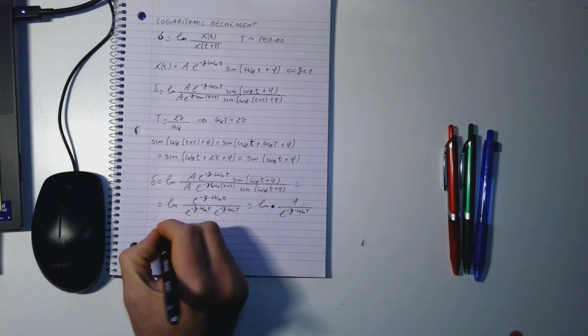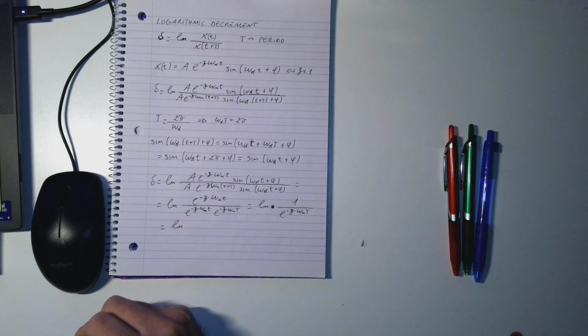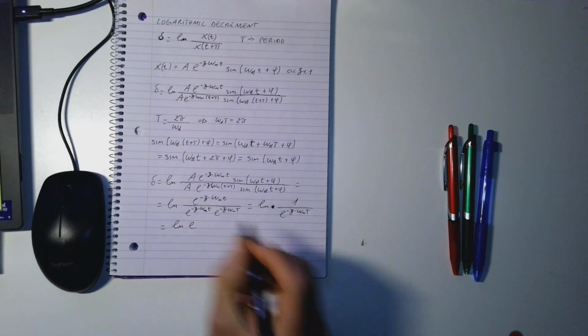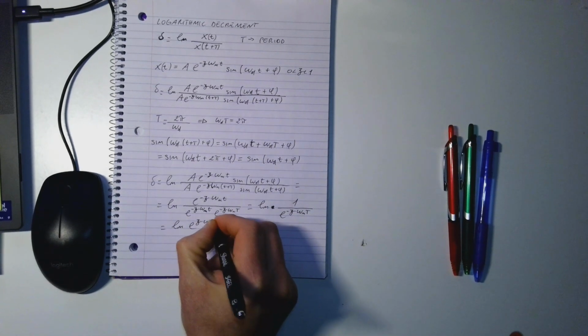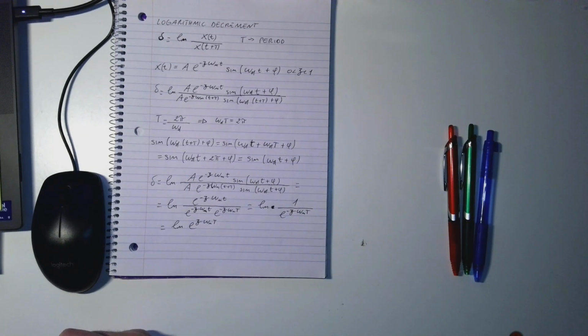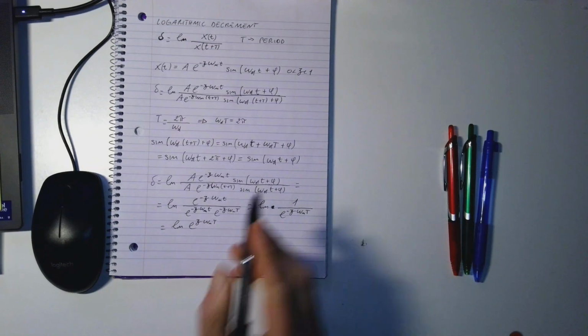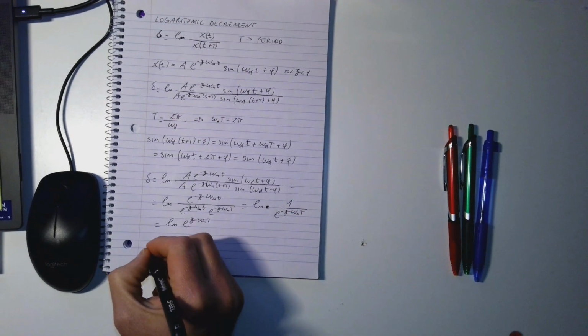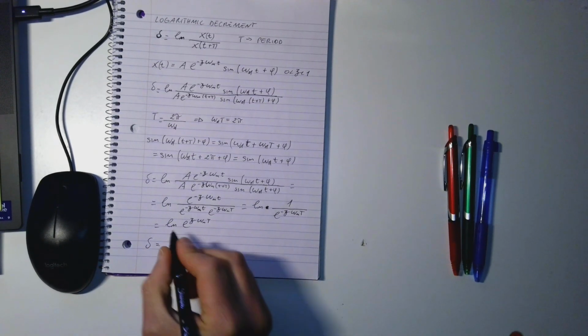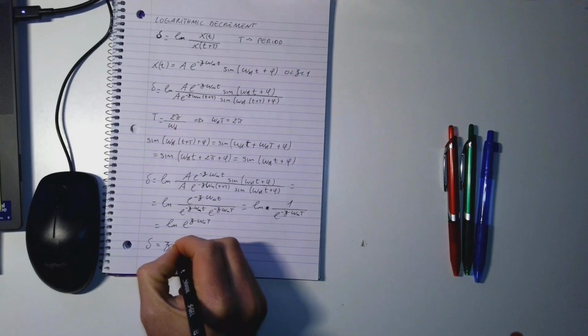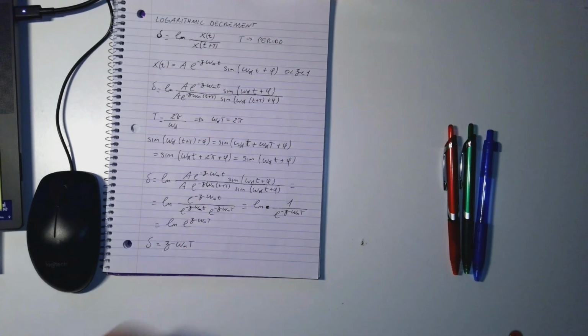This becomes natural logarithm of e to the power of positive zeta omega n uppercase T. The logarithm and the exponential are the inverse of one another, so we can get rid of these two, and what we obtain finally is that delta, remember we started from delta, is simply equal to zeta omega n T.